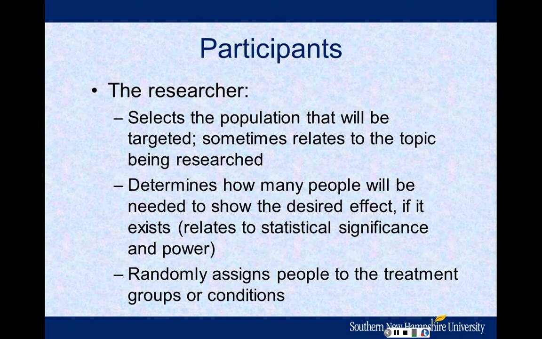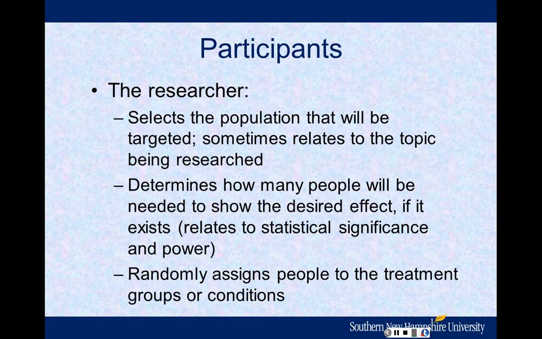And so that number of people are recruited, and then the researcher will randomly assign those people to certain groups or conditions depending on what the study design is. So this random assignment ends up being really important because when you randomly assign groups of people to the different treatment groups, hopefully you've eliminated some bias or you've eliminated some confounding factors.